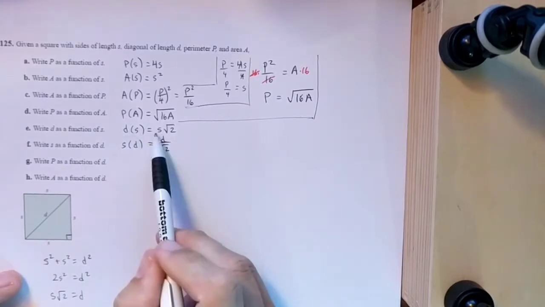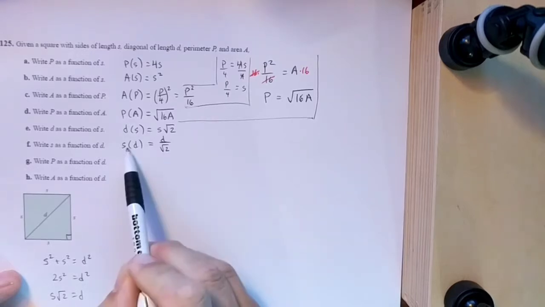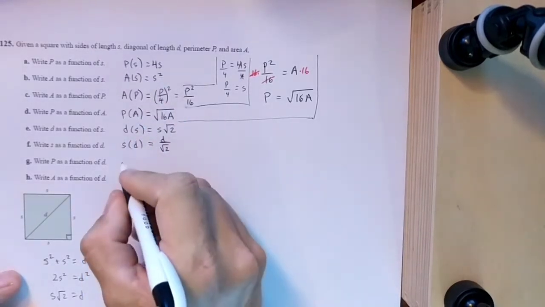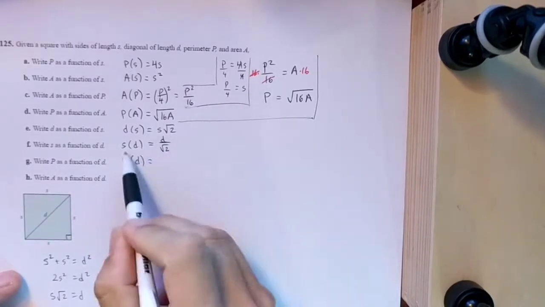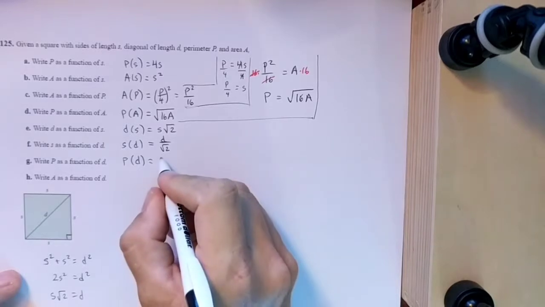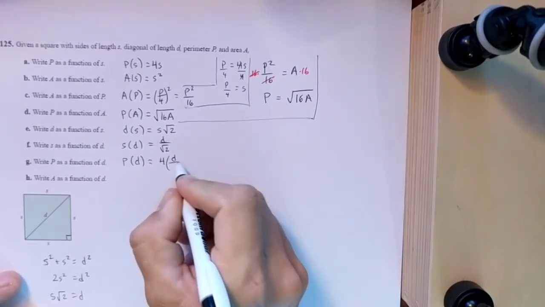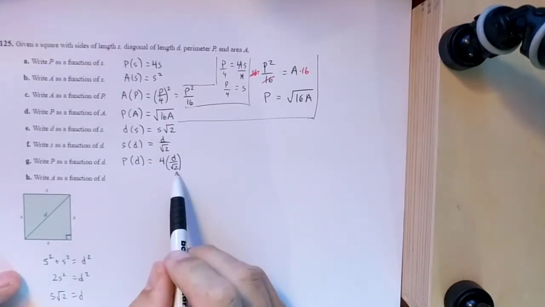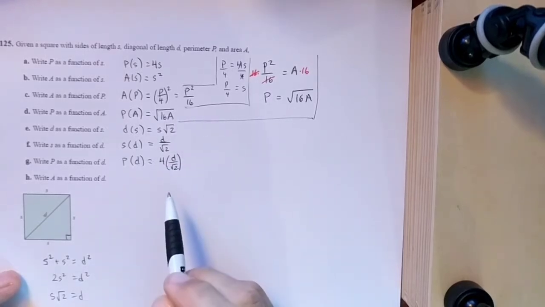Well, since the diagonal is divided by the square root of 2 to make the side, we already know P is a function of S. So we can do P as a function of D here by taking this and putting it in for the side there. So we'll do 4 times the side length. Okay, and that's good enough. I mean, you could rationalize the denominator and make some other things happen, but this is fine.